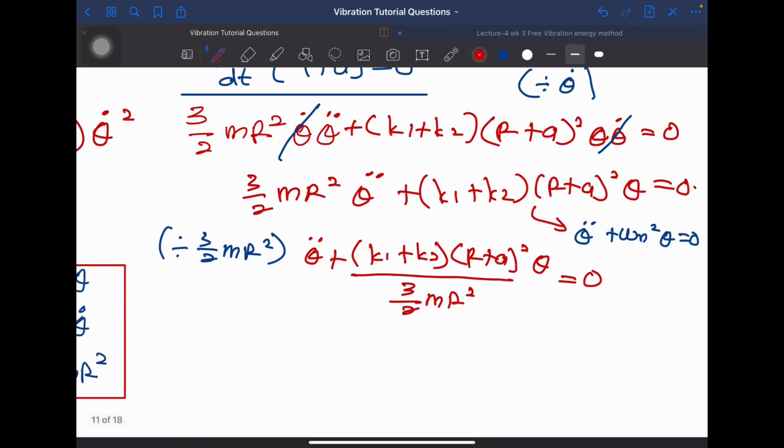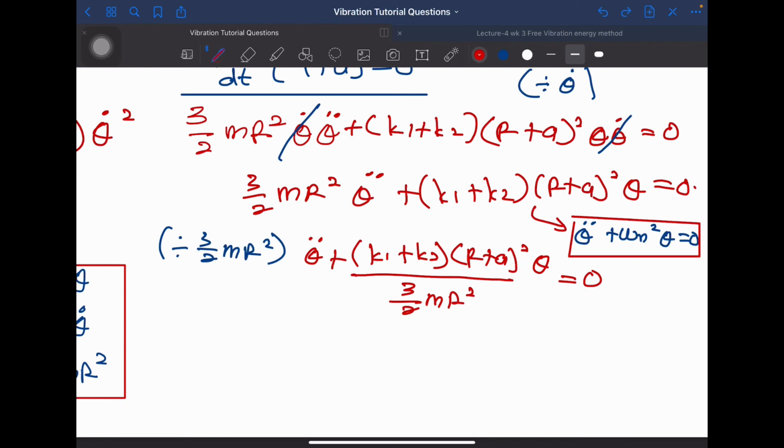Since theta double dot is already alone, this is an EOM. The term beside theta is omega n squared.